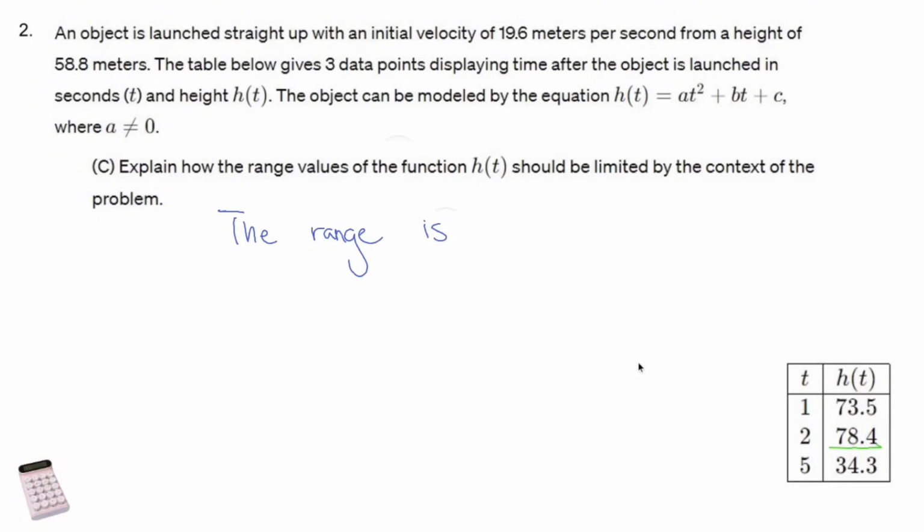That's the maximum, as we found. So the range is, we'll say you're allowed to include 0, and we were allowed to include 78.4 because that represents the height of the object in the sky. The height of the object.